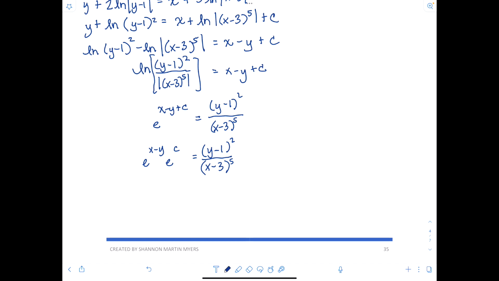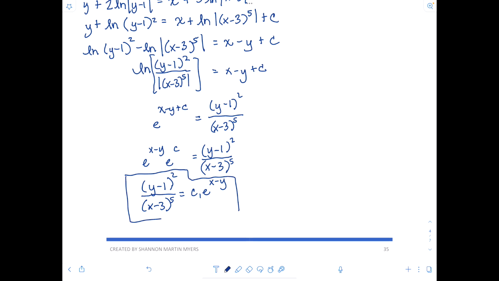And then renaming that constant e to the c, c1, we'll have y minus 1 squared over x minus 3 to the 5th equals c1 e to the x minus y. Groovy?